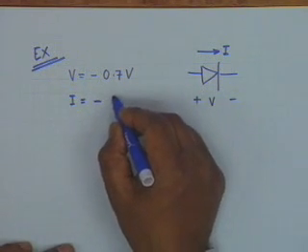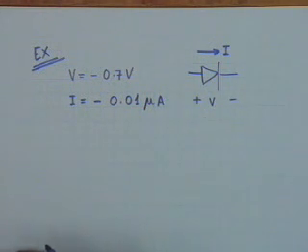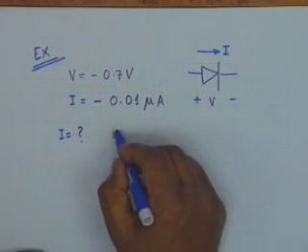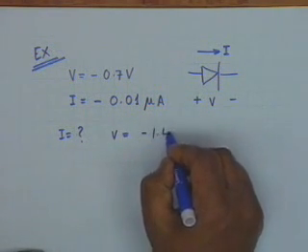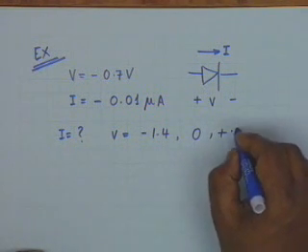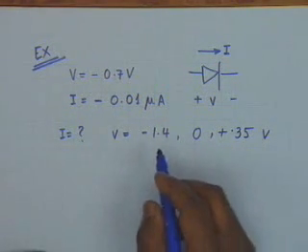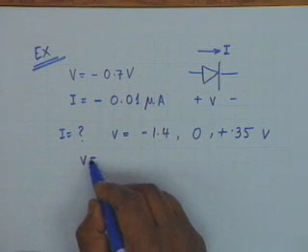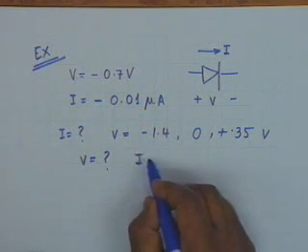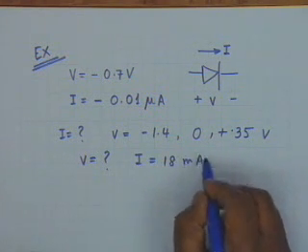Current is given as minus 0.01 microampere. You have to predict the current. What is the current when V is equal to minus 1.4, 0, plus 0.35 volt? And in addition, you have to find out the voltage when the current is 18 milliampere.